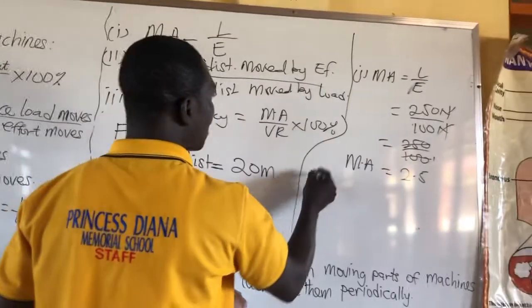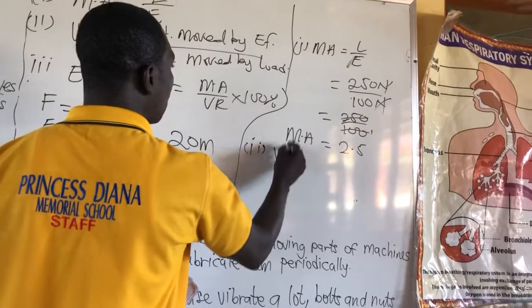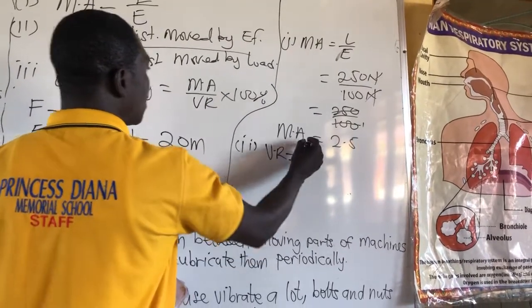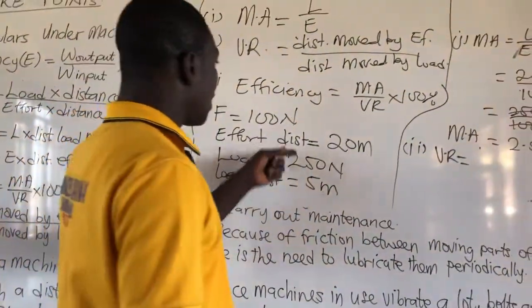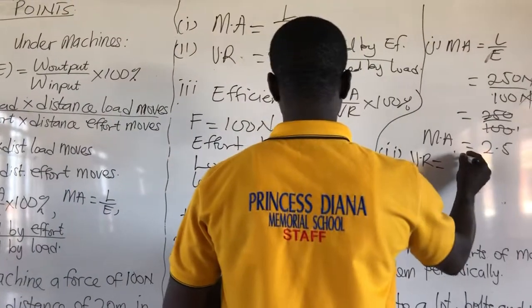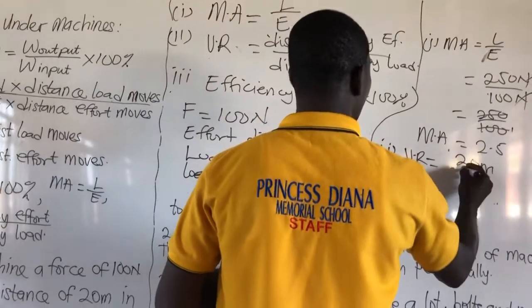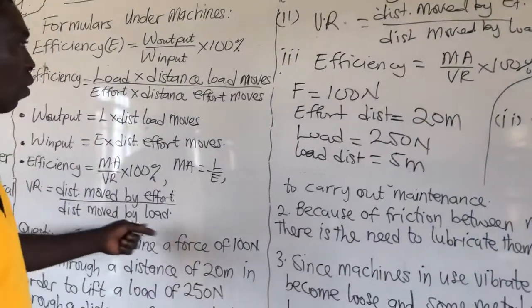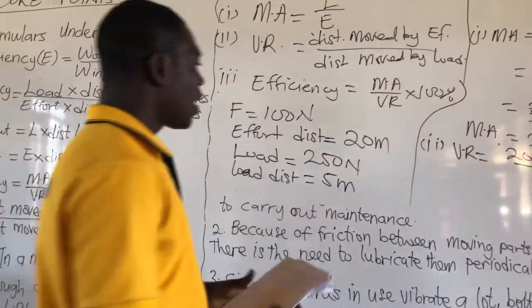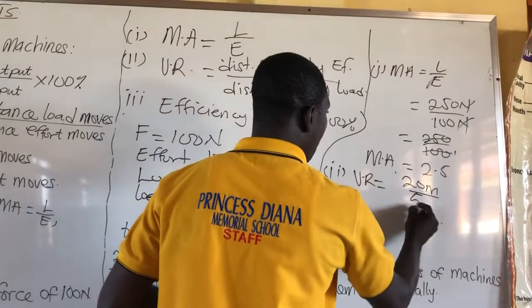Now let's look at the second one, which is the velocity ratio, and this is equal to the distance moved by the effort. So what is the effort distance? The effort distance is equal to 20 meters divided by the distance moved by the load, which is the load distance here, and that is 5 meters.